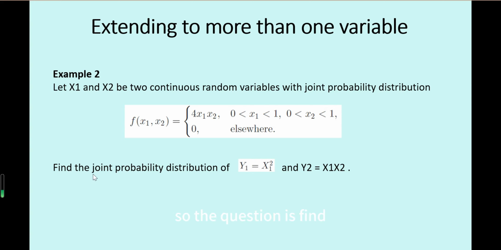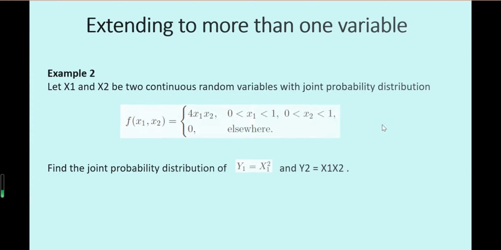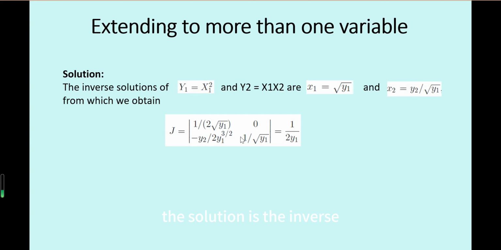The question is to find the joint probability distribution of y1 = x1 squared and y2 = x1 times x2. The solution: the inverse functions we can calculate are x1 equals the square root of y1, and x2 equals y2 divided by the square root of y1.